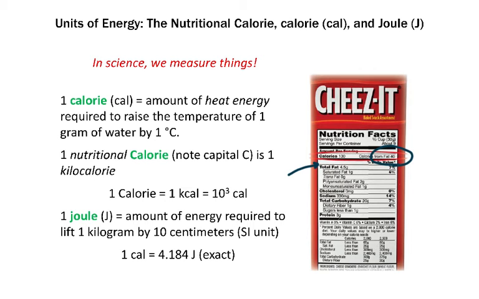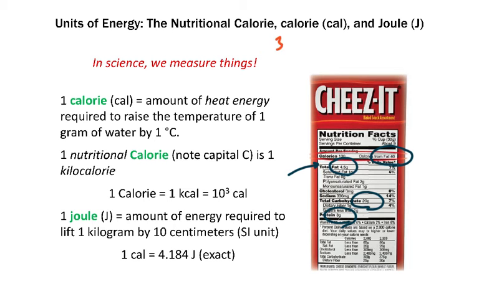We could do the same here. We should be able to take the total carbs times 4, total protein times 4, fat times 9, and it should add up to 130. I haven't actually checked this yet. Let's try it.